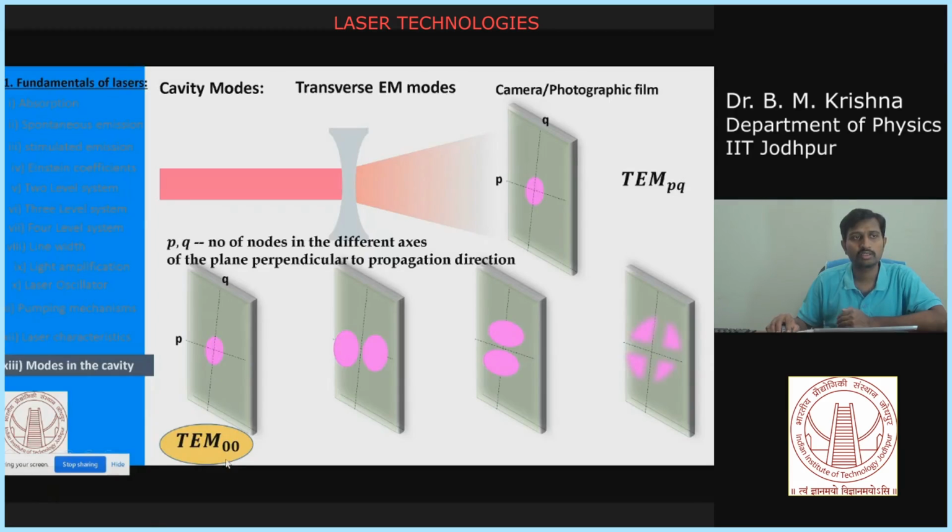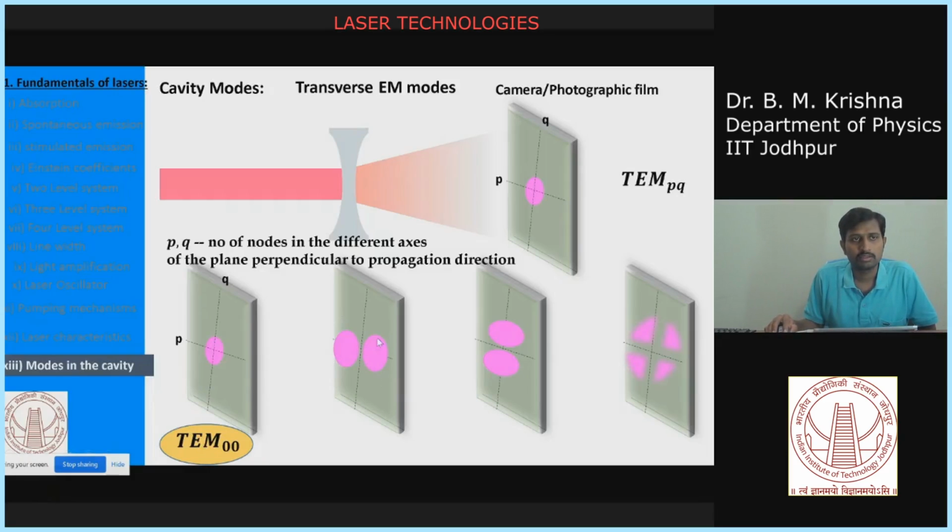Then how do you represent your TEM? This is the 0-0 mode. When you start from a point and go to the end, you should count certain nodes. If there is no node, then it is 0 nodes. Along this axis you have 0 nodes, and along this axis you have 0 nodes. That is called the TEM 0-0 mode. This is the fundamental mode, and it is the one that most lasers generally give.